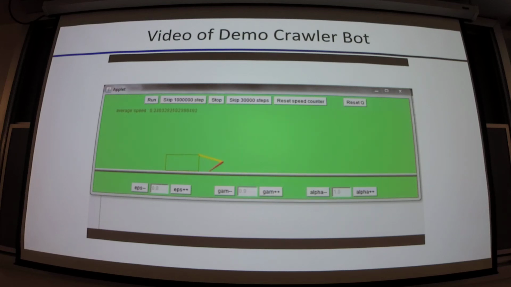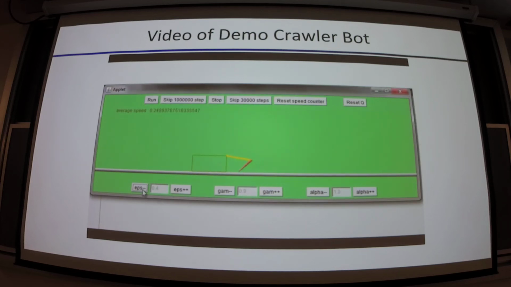At some point, if we skip ahead a bunch of iterations and take the learning rate down, this epsilon value is the exploration. But if we remove that and skip a bunch of steps, this is the policy that it's learned. Cool, right? Okay.